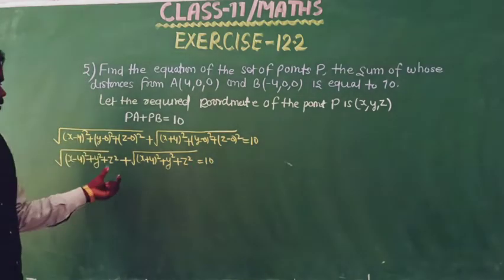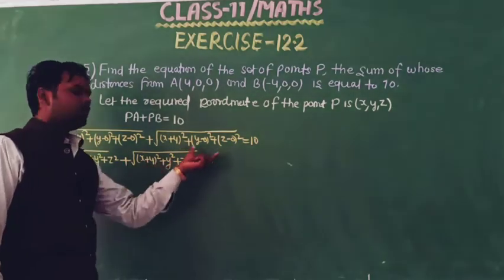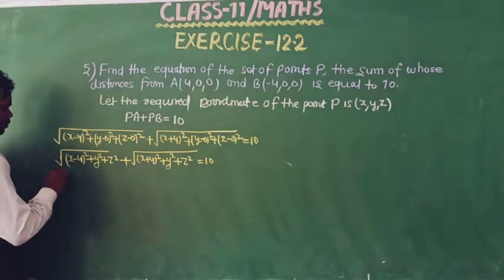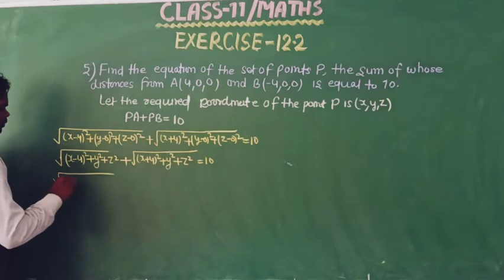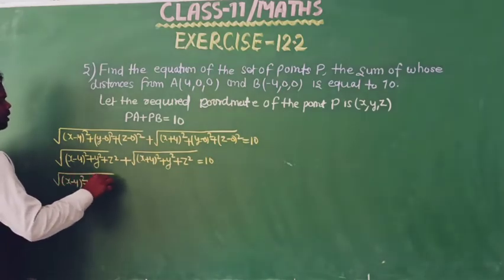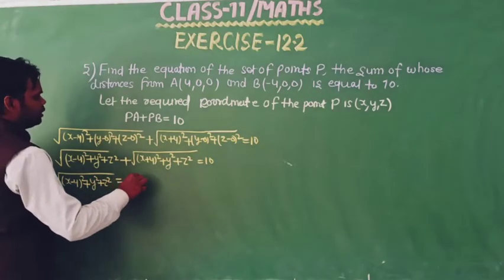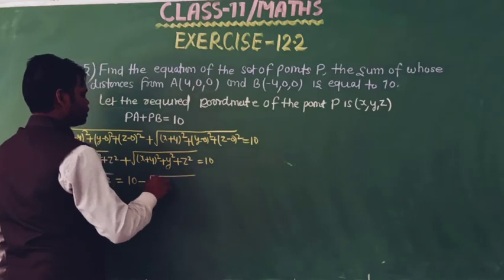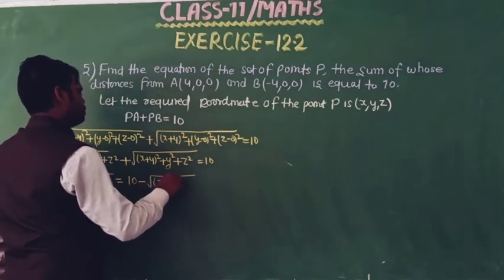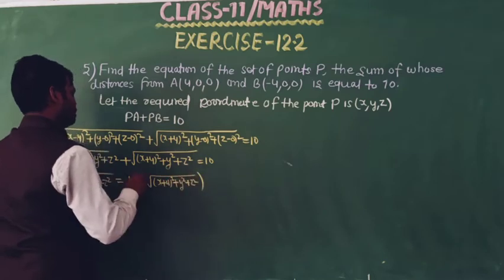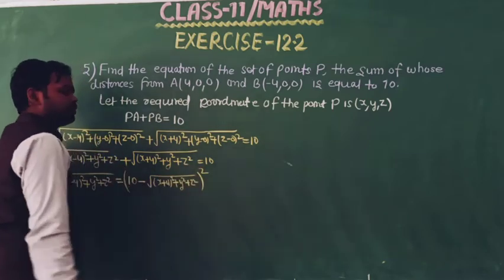Now shifting this term on right side, so this becomes square root of x minus 4 whole square plus y square plus z square equal to 10 minus square root of x plus 4 whole square plus y square plus z square.